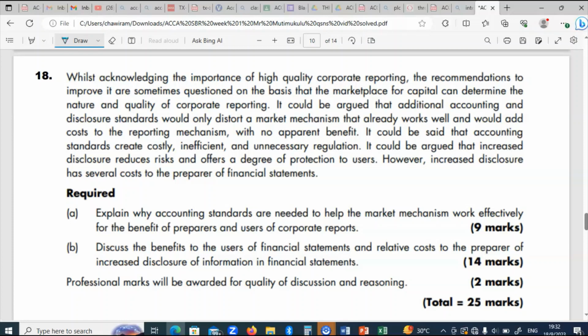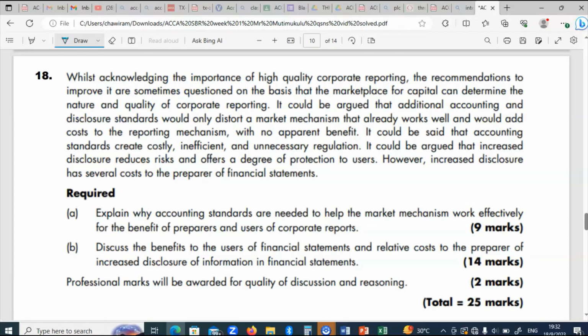It could be said that accounting standards create costly, inefficient, and unnecessary regulation. It could be argued that increased disclosure reduces risk and offers a degree of protection to users. However, increased disclosure has several costs to the preparer of financial statements.